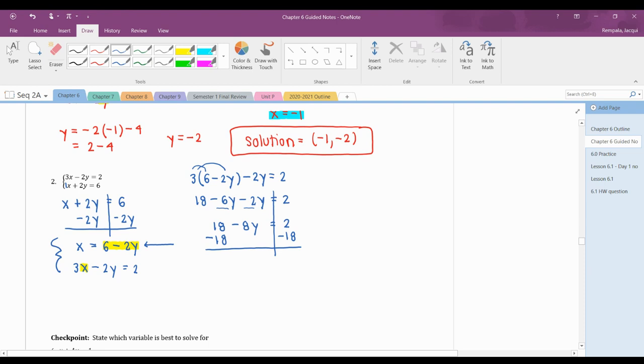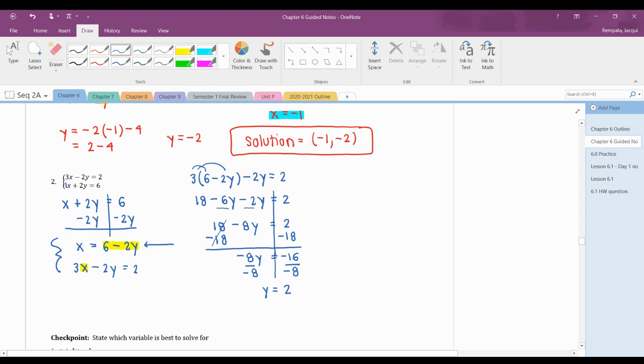So that's why I subtract 18, because remember, positive, I want then the opposite, so a negative. So we still have negative 8y. This equals 2 minus 18, which is going to give us negative 16. And then finally, we're going to divide by negative 8 to get y by itself. A negative divided by a negative is a positive, and 16 divided by 8 is 2.